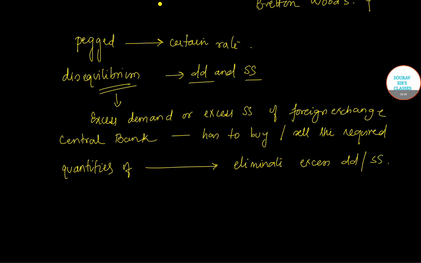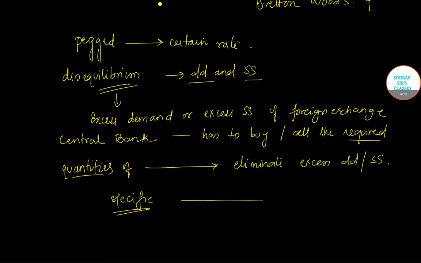Now if you have noticed carefully, I have used the word required quantity. So why required quantity? There will be a specific quantity, and what will be the magnitude of this quantity?